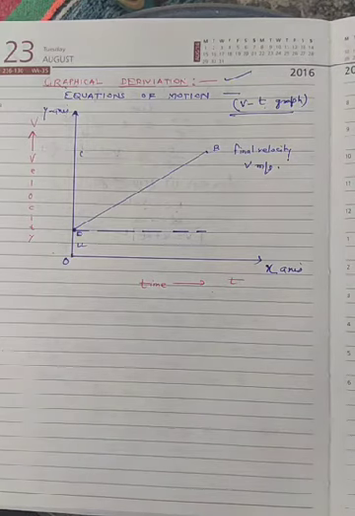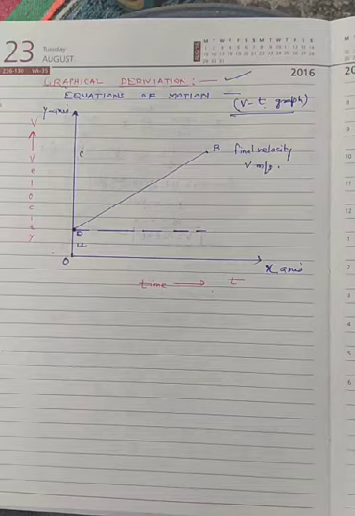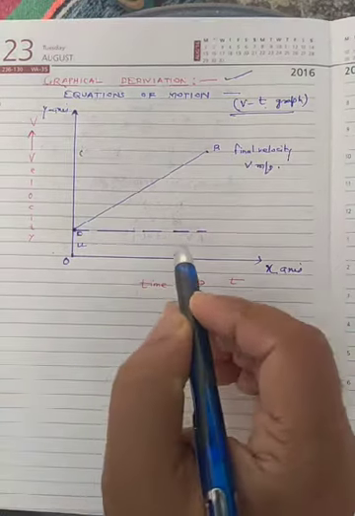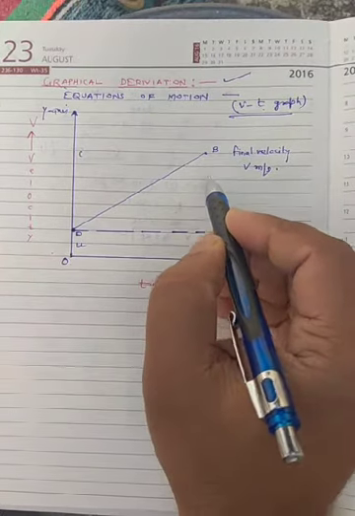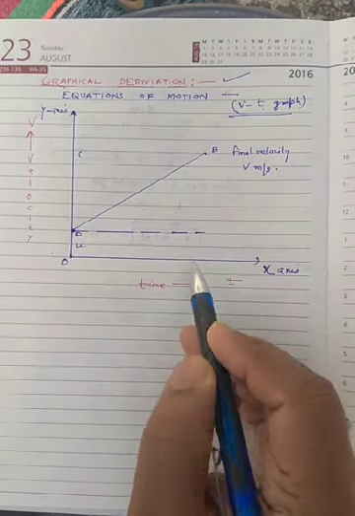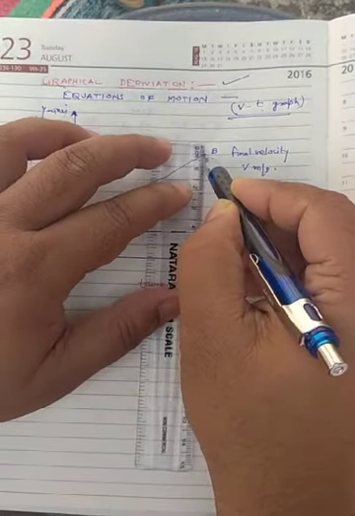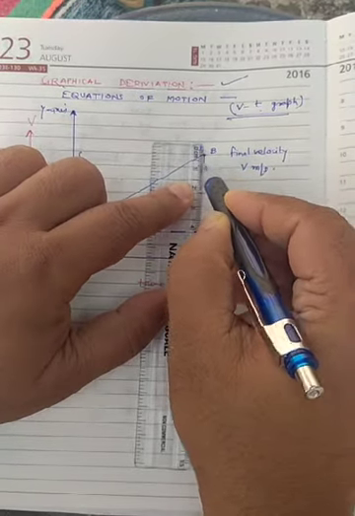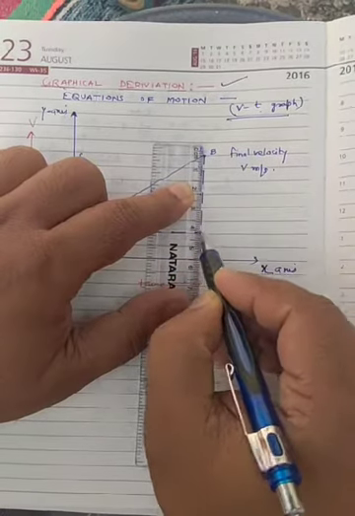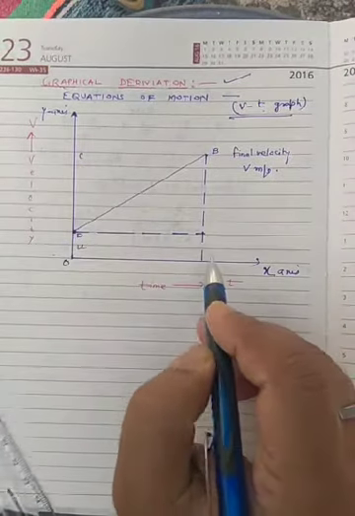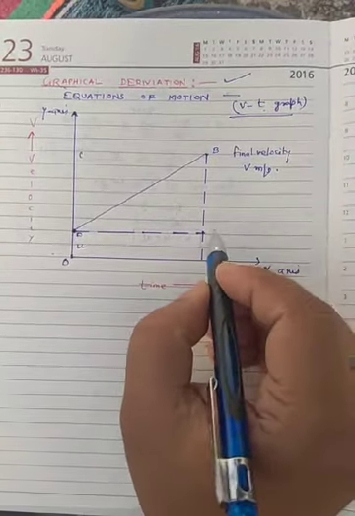Now students, we have drawn from point D, and now again we will complete this one as well. From point B we are going to draw a parallel line along the y axis, like this. So let's name it.